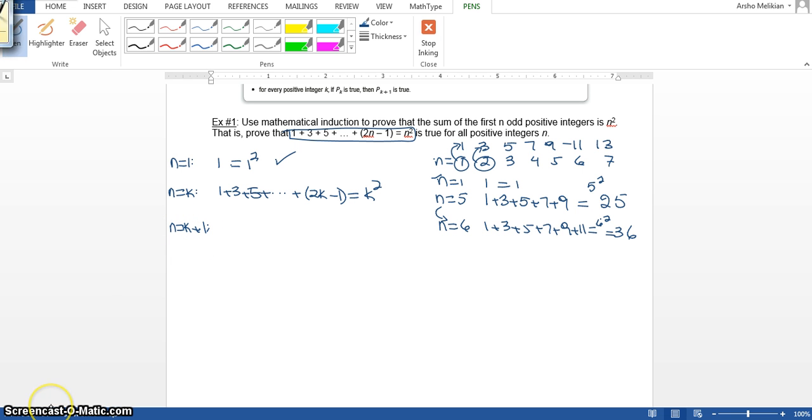Okay, and let's see what we should get. Okay, here n was equal to 5, and now we went to n equals 6. So this is k plus 1. If 5 is k, this is k plus 1. What did we have here? 5 squared. Now we have 5 plus 1, 6 squared. So we should get k plus 1 squared as our answer, right? Okay, so let's see if we're going to get k plus 1 squared if we do this.